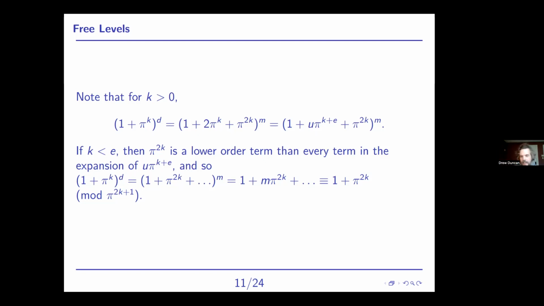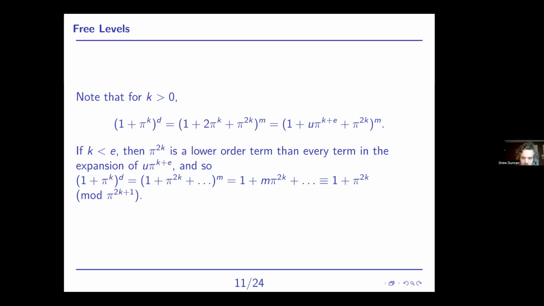Okay, now if k is less than e, then clearly this last term, this π^2k, is a lower order term. It has a lower power of π in it than every other term that we would get from this u times π to the k + e. Sorry, u times π to the power of k + e.